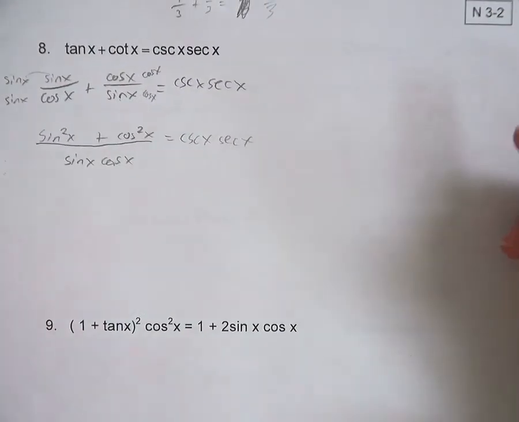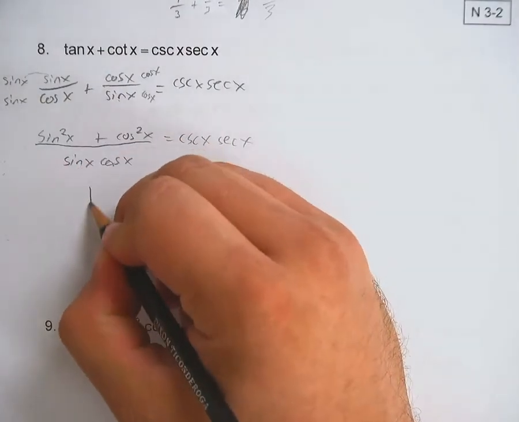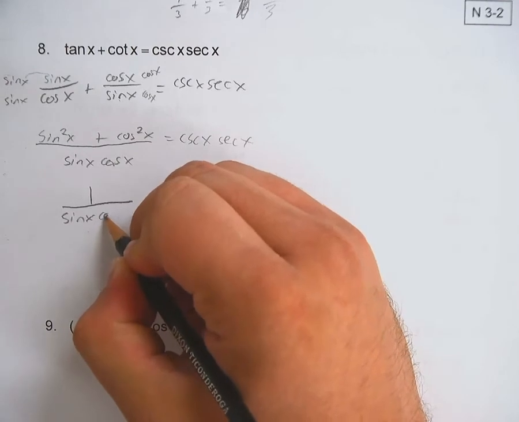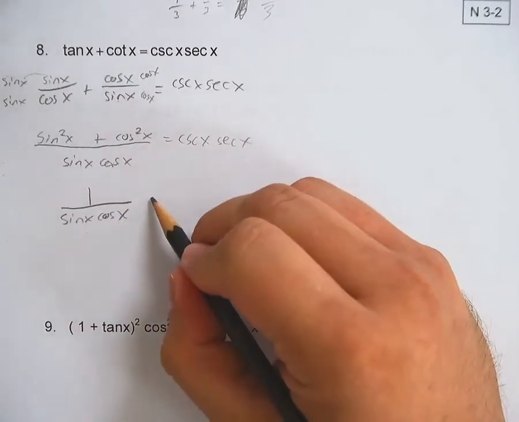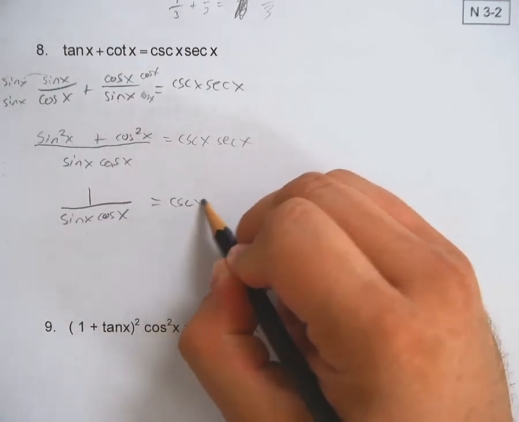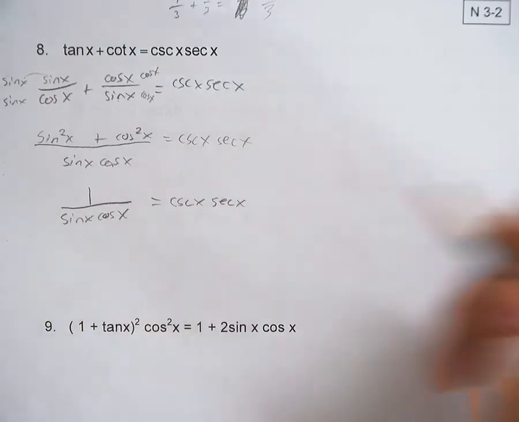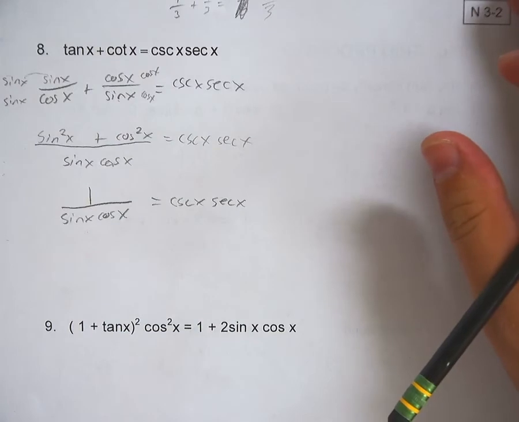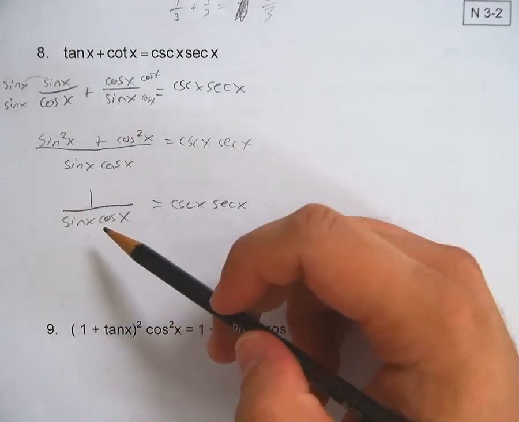Sine squared plus cosine squared, that's all 1 over sine x cosine x equals csc x sec x. Getting close. Cool. Well, this is sine x times cosine x, right?